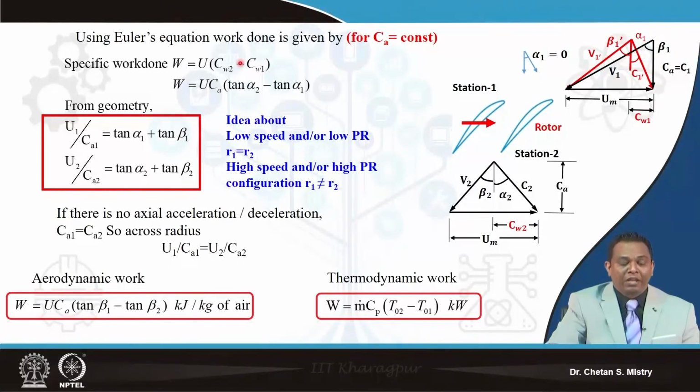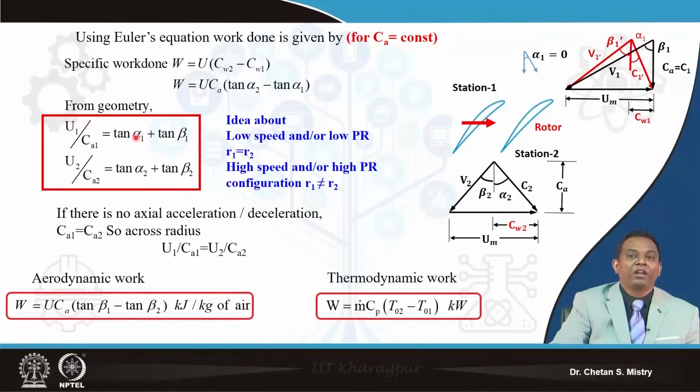Okay, now this represents my specific work done in terms of alpha 1 and alpha 2. If you use pen and paper and try to derive the relation, you will get this equation: U1 by Ca1 equals tan alpha 1 plus tan beta 1, U2 by Ca2 equals tan alpha 2 plus tan beta 2.